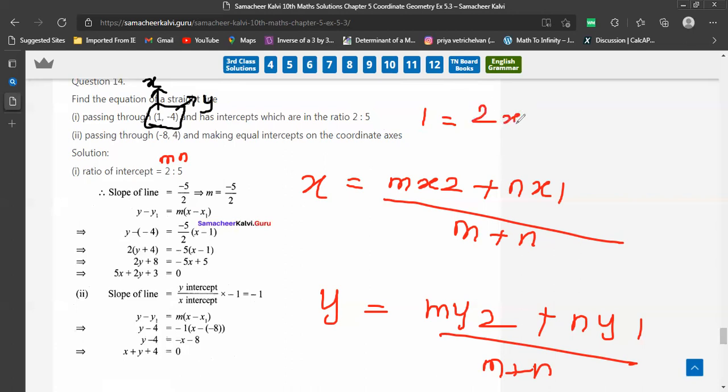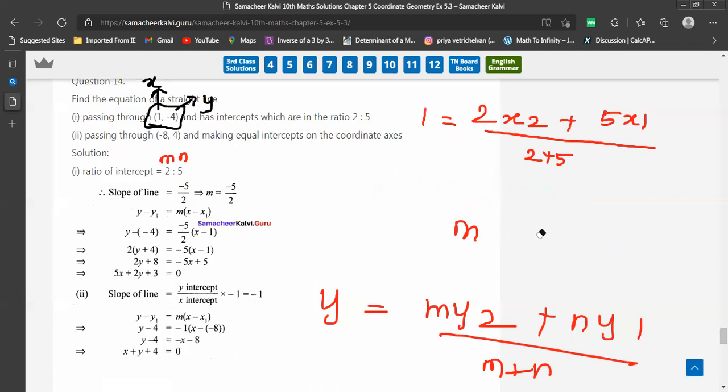So it's 2x2 plus nx1. N means 5x1 whole divided by m plus n, 2 plus 5. You understand, Manasi? Yeah. So if you simplify this, it will be 7. So 7 equal to 2x2 plus 5x1.